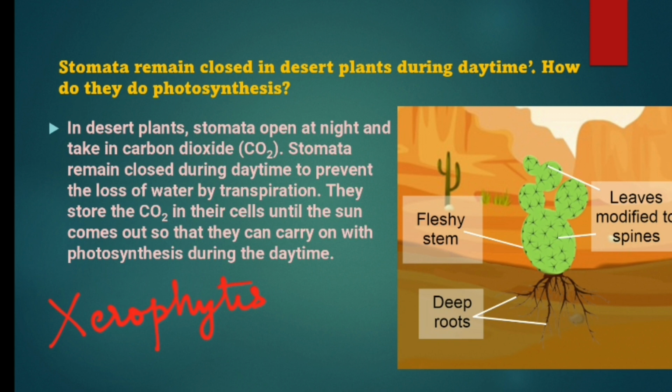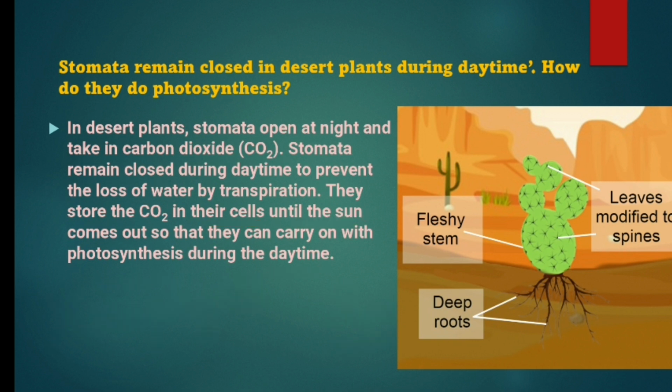Stomata remain closed during daytime to prevent loss of water by transpiration. They store the carbon dioxide in their cells until it is daytime, and then they carry out photosynthesis during the daytime using the stored carbon dioxide. Stomata are open only at night in desert plants. This question is often asked for 2 marks.